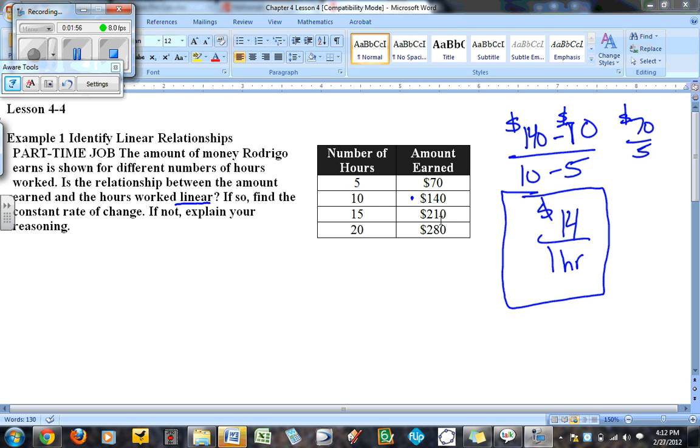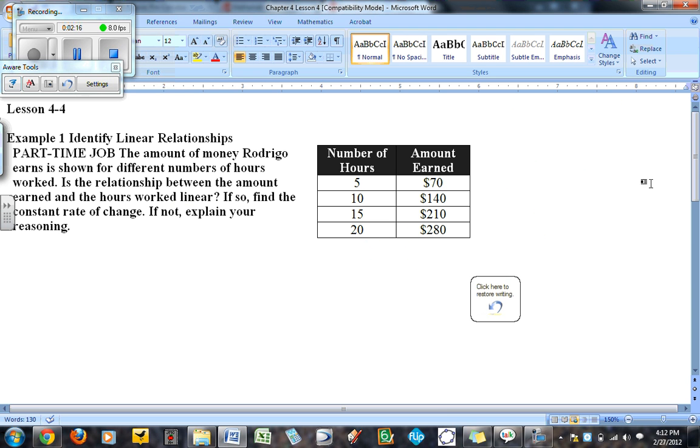It is doing that same thing throughout the entire set we're given. So we would assume that if I work 25 hours, since it's linear, I would make $70 more, $350. So that's what linear means, and that's how we find the constant rate of change.